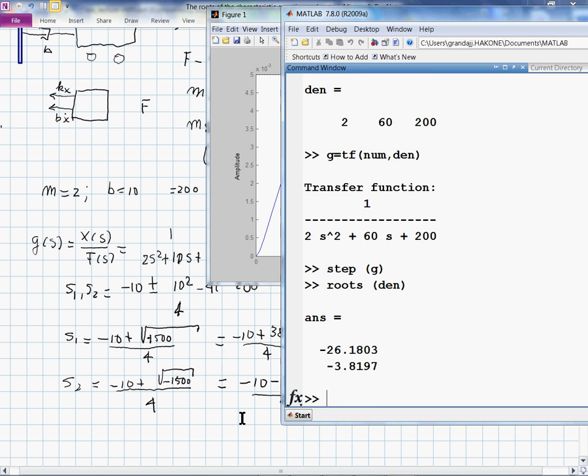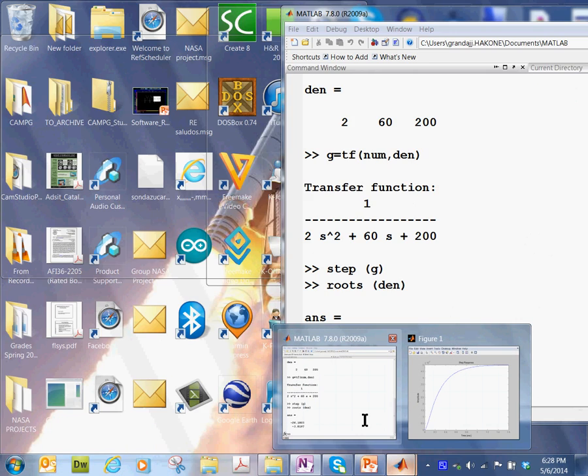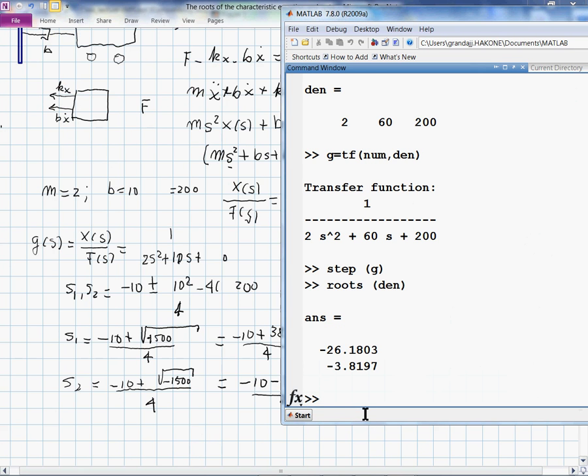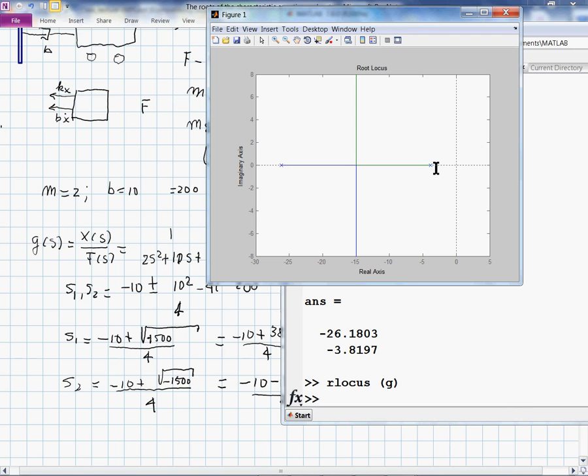If you plot this in the complex plane, what we use to plot things in the complex plane is the root locus of this g. You see, both of them don't have imaginary values right now. They are on the axis. This would reveal this once we plot this in here. You see, there it is. This one is the value here, and this is the other one. Okay?